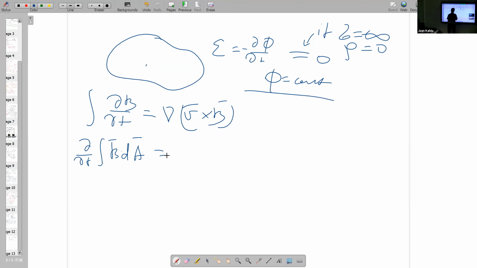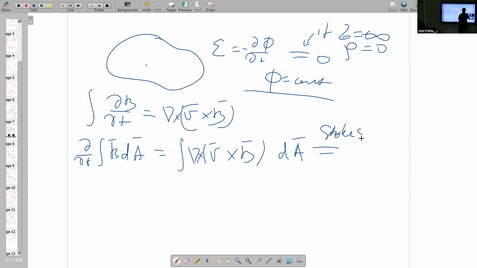And then the right hand side becomes the integral of curl of V cross B multiplied by dA. But then we have Stokes' integral theorem, which states that the surface integral of a curl is the circulation of the vector inside the curl.